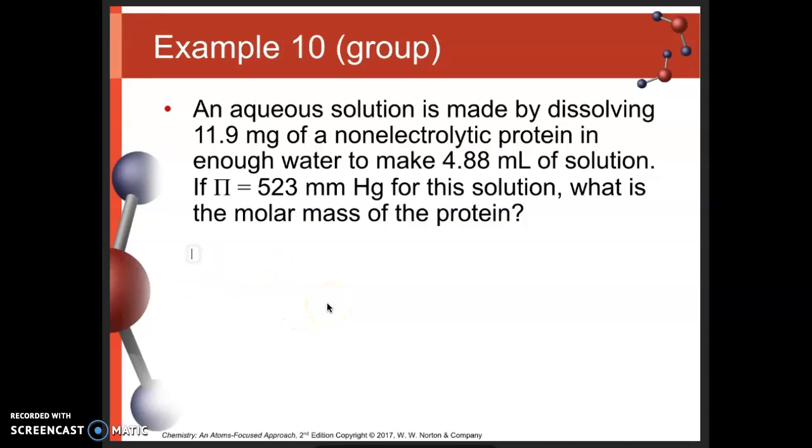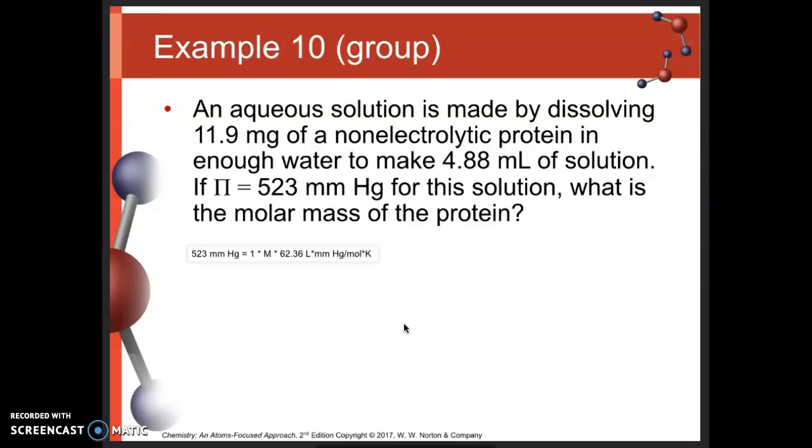So 523 millimeters of mercury is equal to, again, non-electrolytic, so i is equal to 1 times molarity, which we don't know, times R. Since we're in millimeters of mercury, we're going to use 62.36 liters times millimeters of mercury divided by moles times Kelvin.